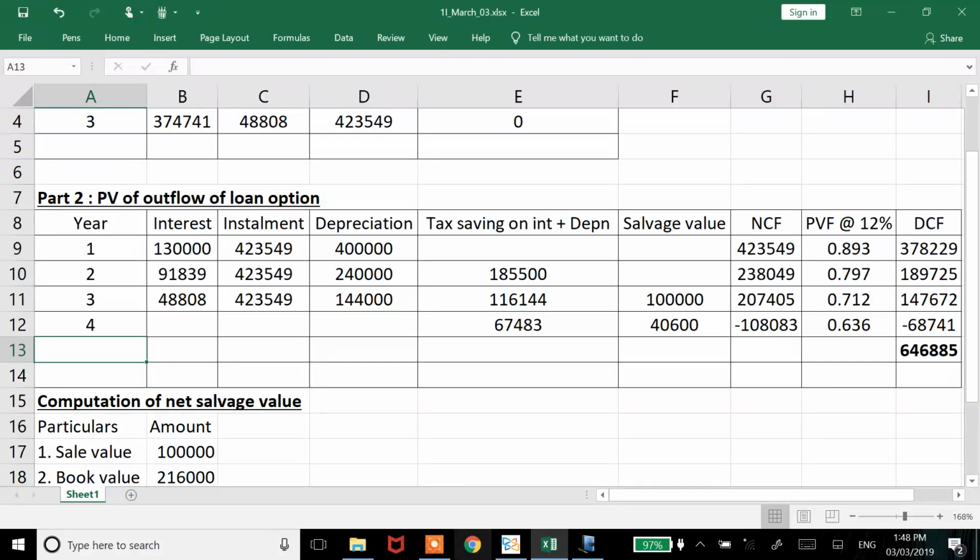Present value of outflow of loan option is 6,46,885. The only thing is taxes have to be considered a year in arrears, so that's what we have done.